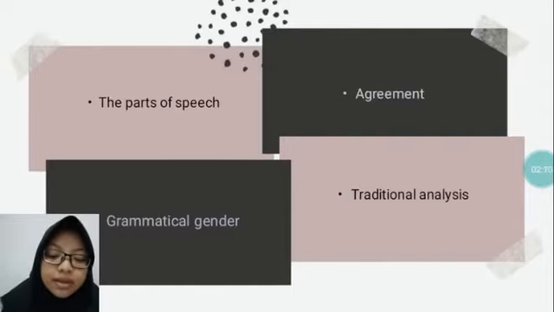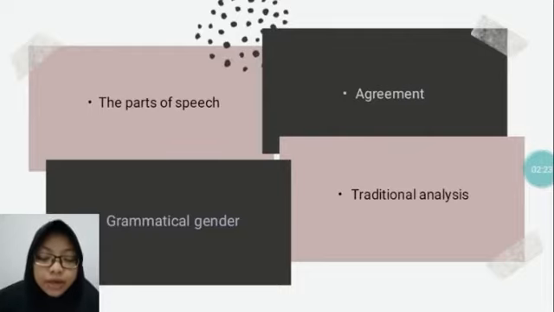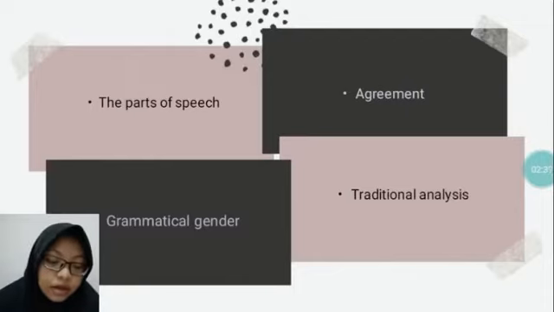Adverb is describing a verb. Preposition is used with nouns in a phrase, providing information about time. And then pronouns replace a noun, and conjunction is used to make a connection.